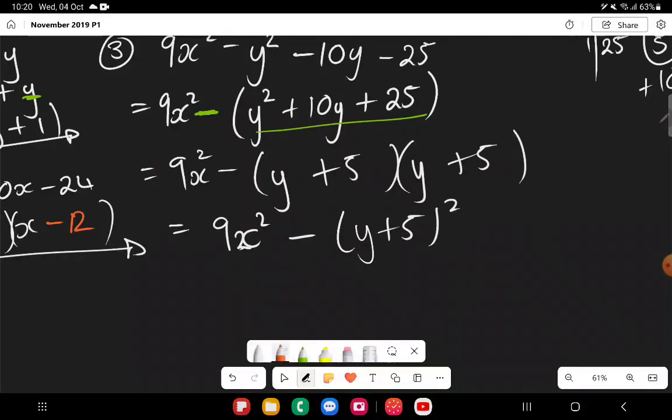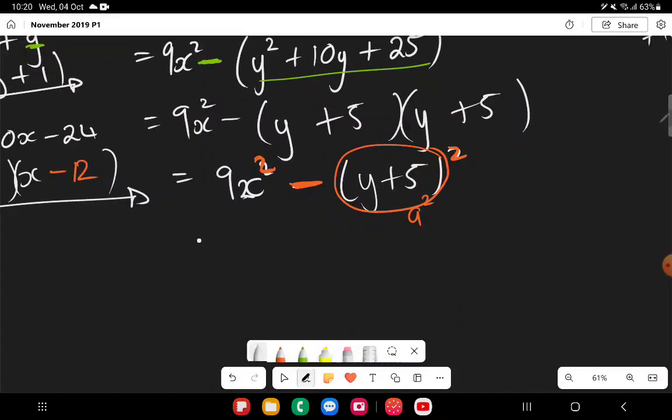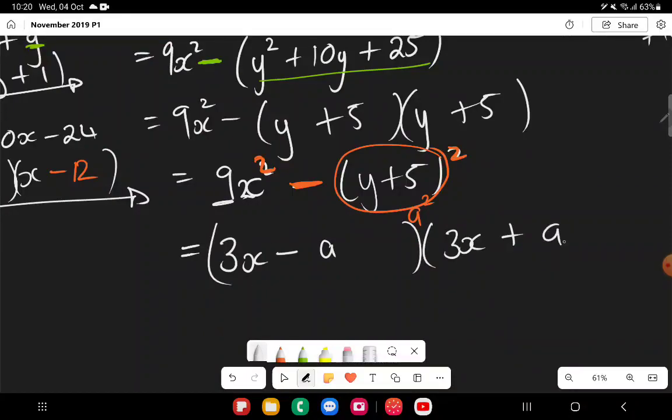If this bracket, instead of being a bracket, let's say this was an a instead of that. So if that was a squared, then I would have x squared minus a squared. The first thing you notice is you have difference of squares, right? Which is fantastic. Now you can factorize difference of squares. Because this is a square number, it is going to be 3x minus a. And then I have 3x plus a.